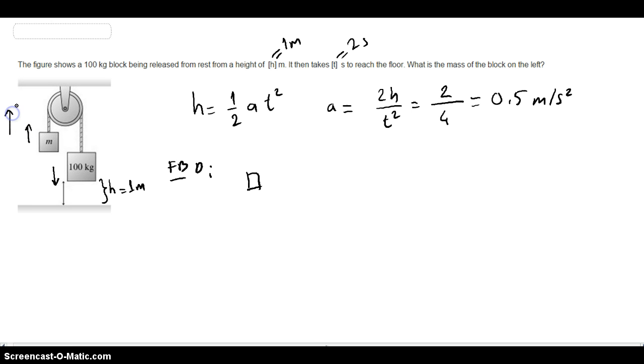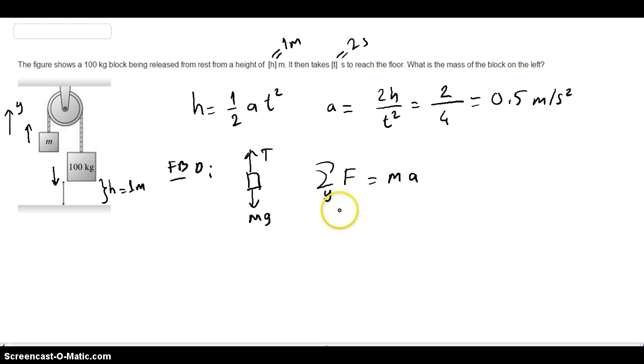Let's take the y direction as upward, and the small mass m will be pulled up by the tension in the string, but in the opposite direction there will be the weight of the small mass, mg, and there are no other forces acting on it. So if you write down all the forces in the y direction acting on mass m, this will be m times a.